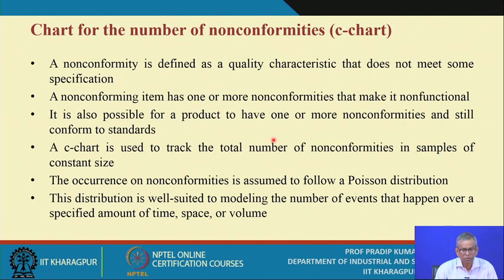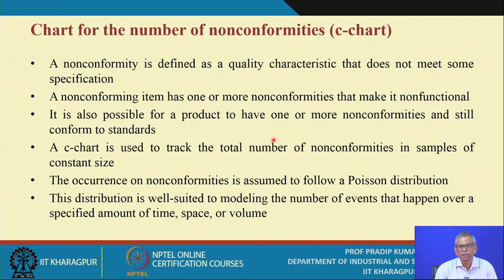A non-conforming item, that means a defective item, may have one or more non-conformities that make it non-functional. Suppose in an automobile the engine becomes defective, the entire automobile becomes defective.